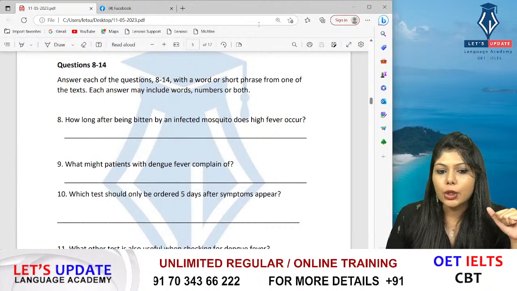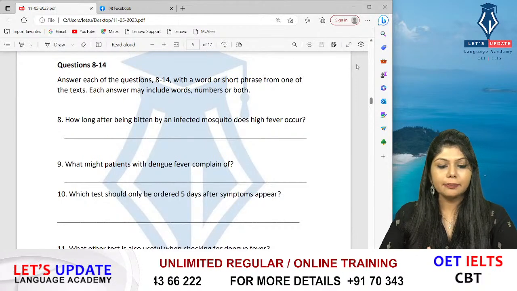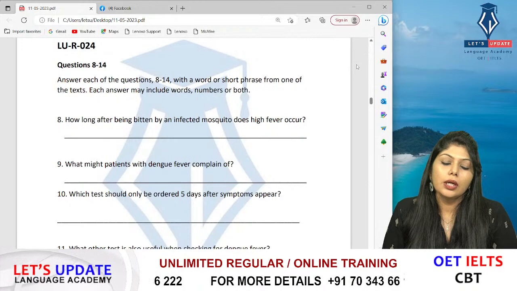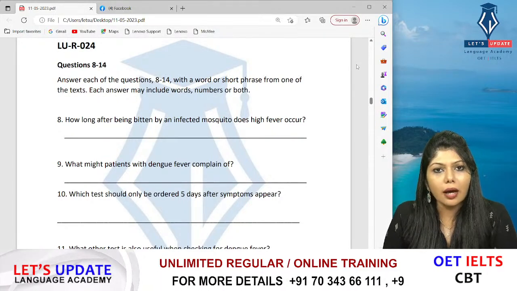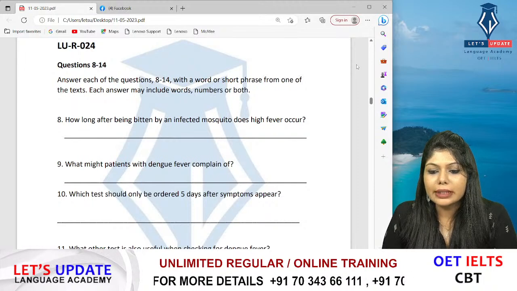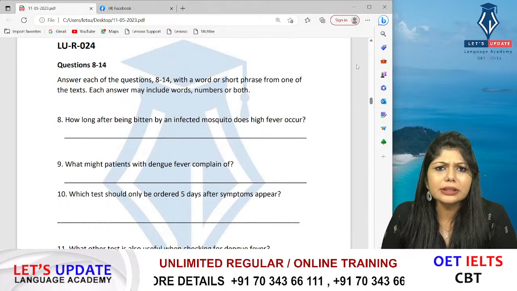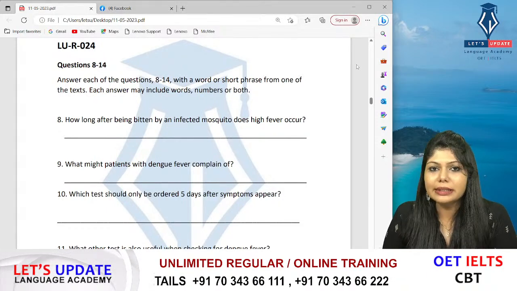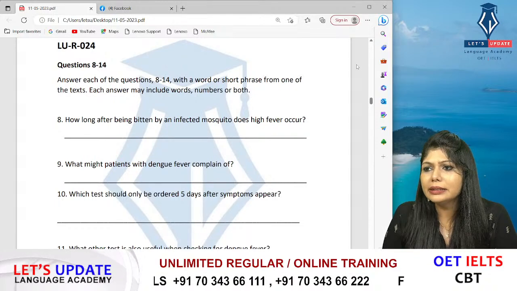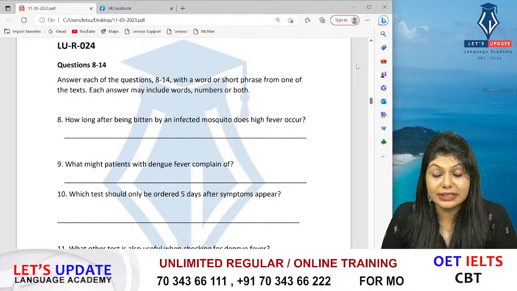What I usually advise is that the first set of questions, 1 to 7, are easy. You just need to locate where the information is from and write whether it's from section A, B, C, or D. That is very easy, and you might need just 1 or 2 minutes to solve all those 7 questions.